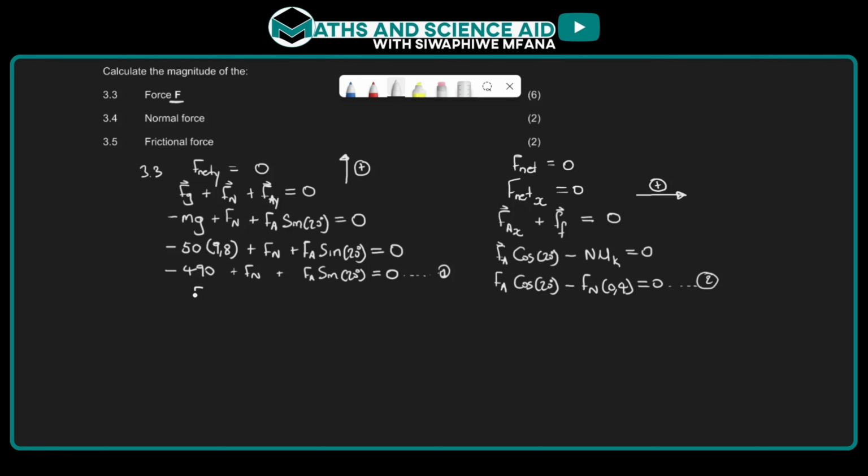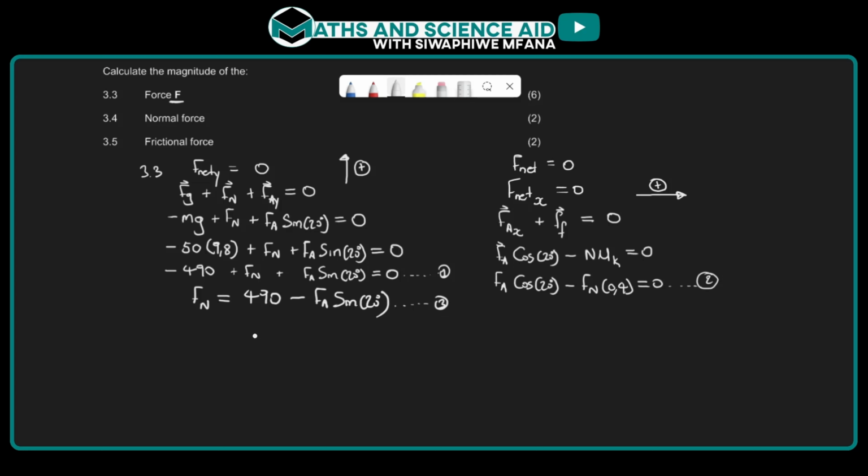We need to move the 490 to the right hand side, so it will become positive. And then we are going to move this Fa sine of 20 to the right hand side as well, so it will be negative. So we'll have negative Fa sine of 20 degrees.